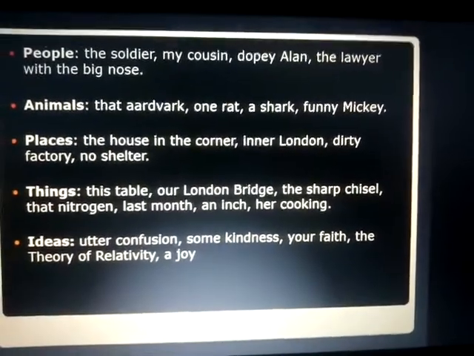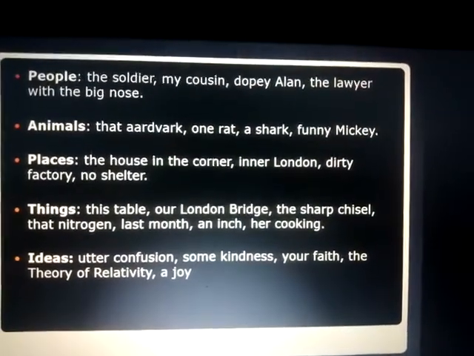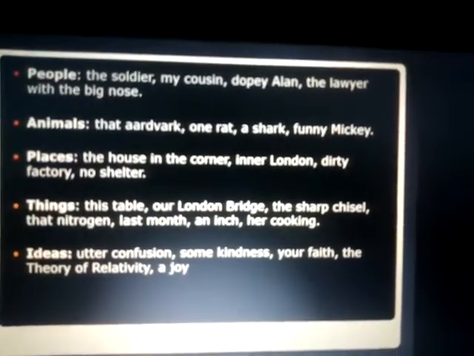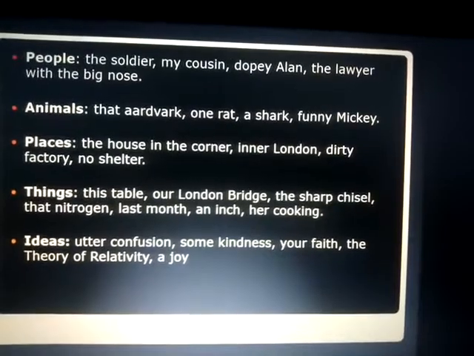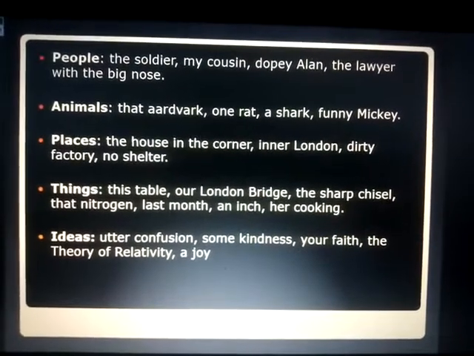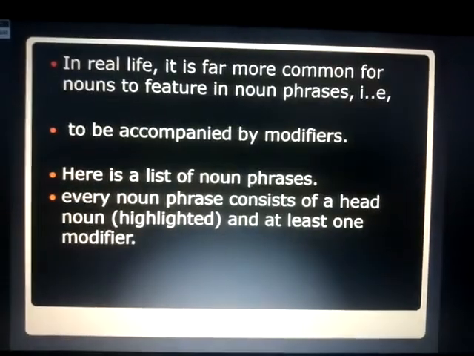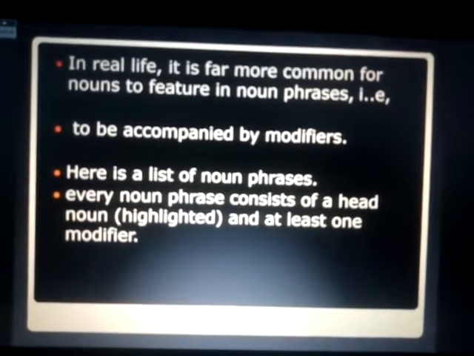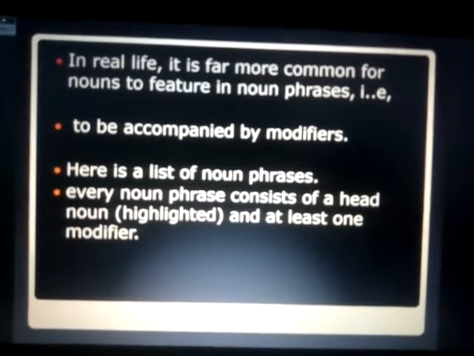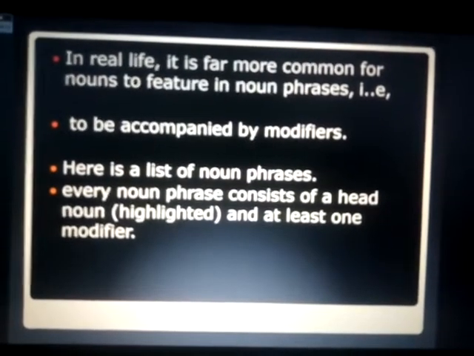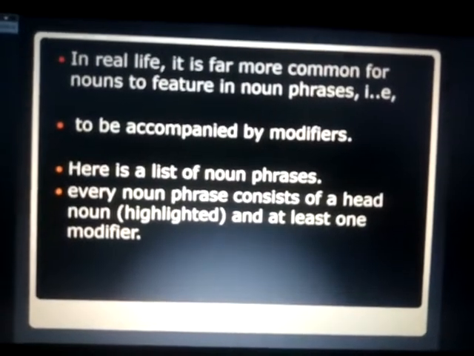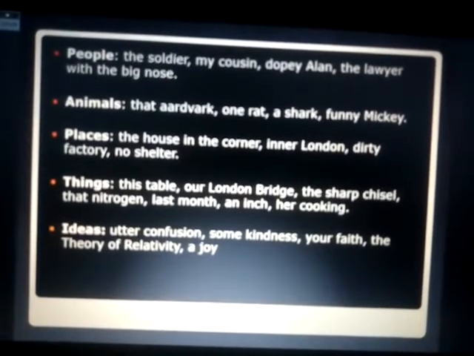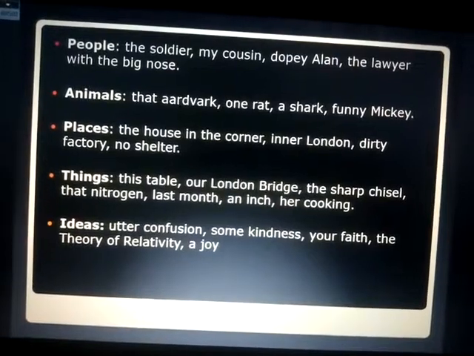Here we can see that people is highlighted. As we said before this current slide, every noun phrase consists of a head noun. The head noun is there, as we see that it is what? Highlighted. People is highlighted. That is the head noun.